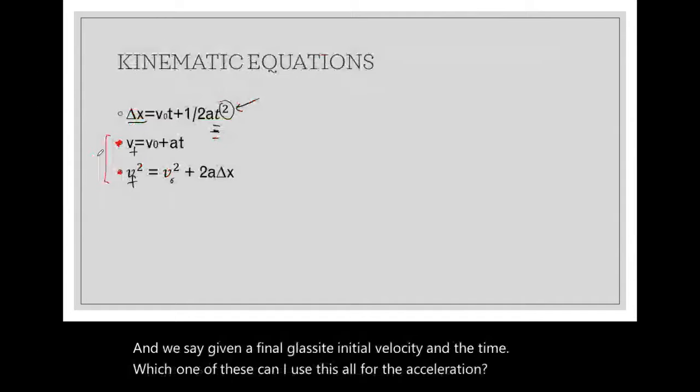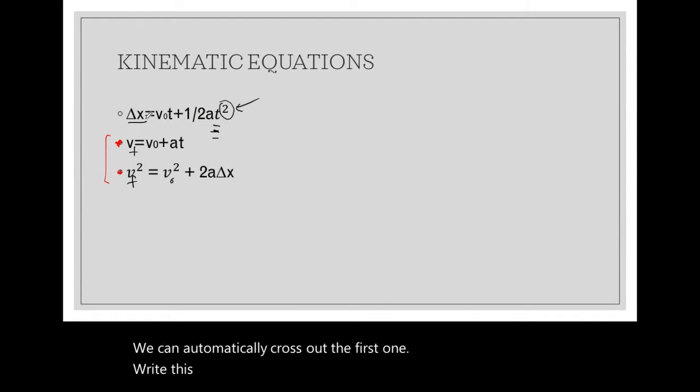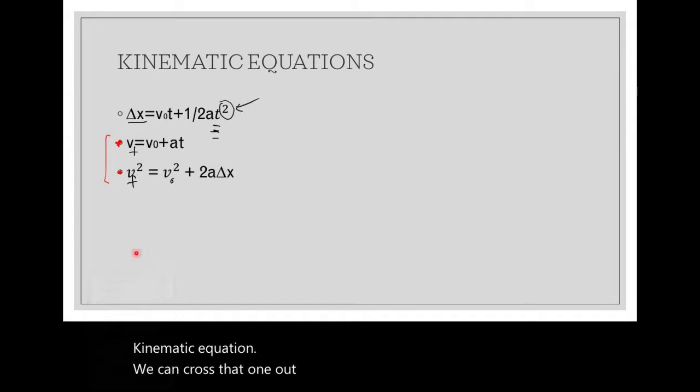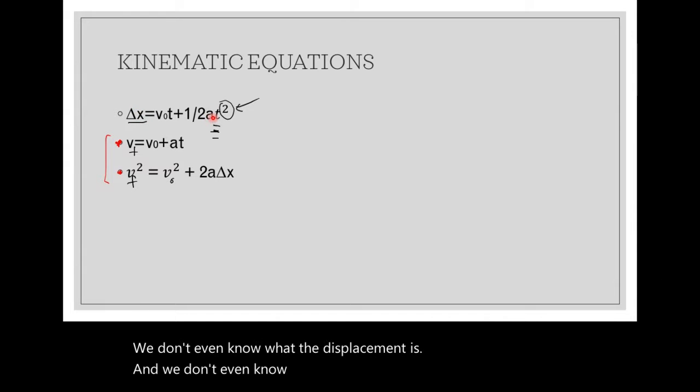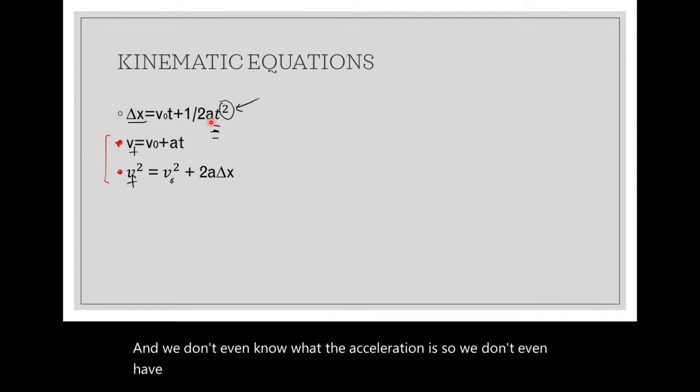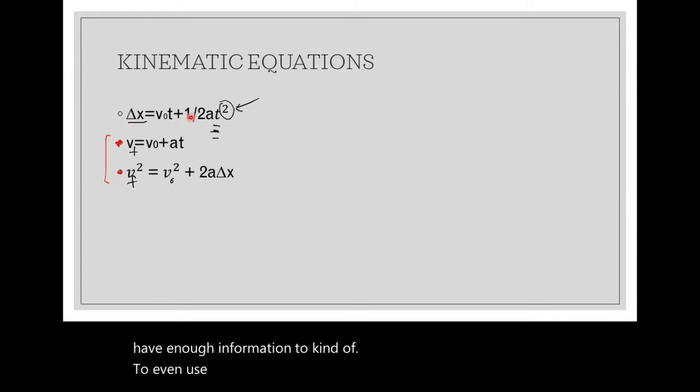Well, we can automatically cross out the first one, right? The displacement kinematic equation. We can cross that one out because we don't even know what the displacement is, and we don't even know what the acceleration is. So we don't have enough information to use this equation.